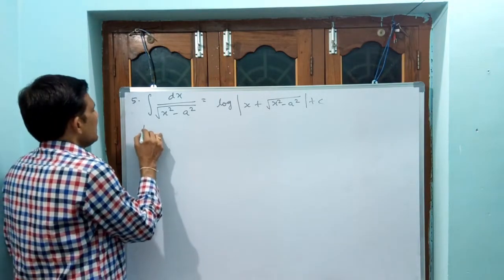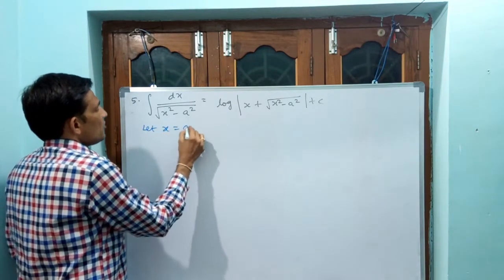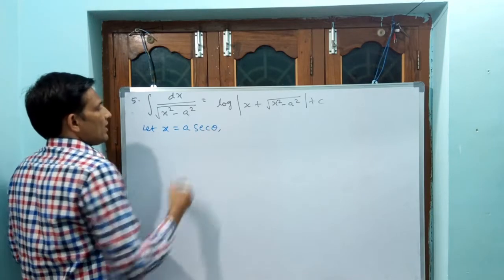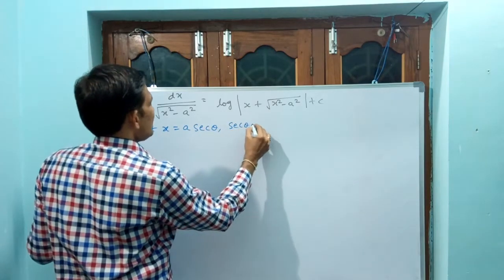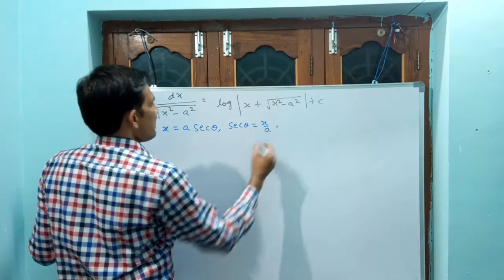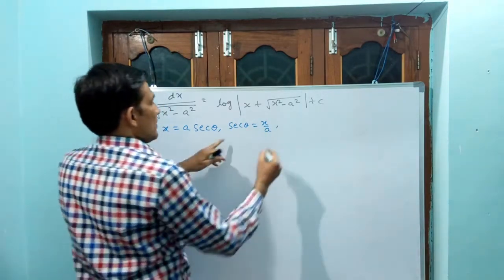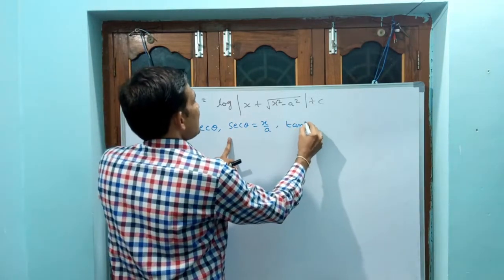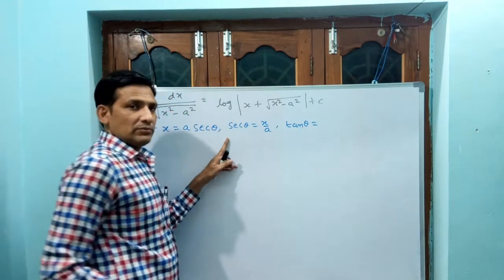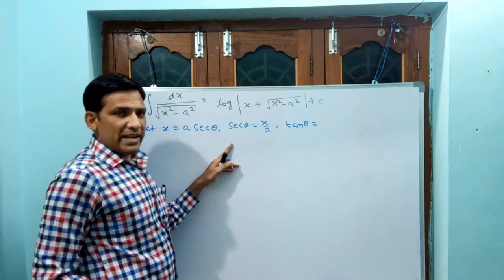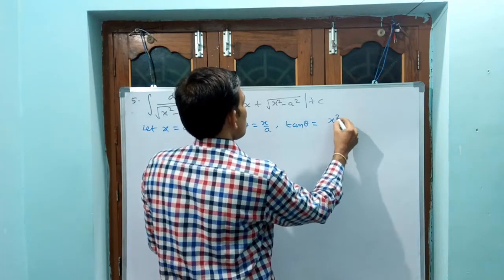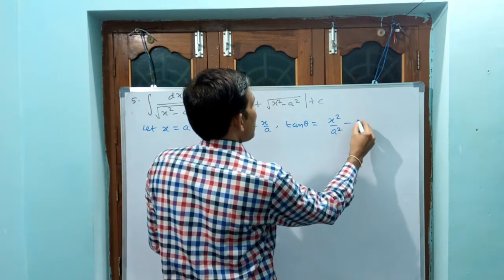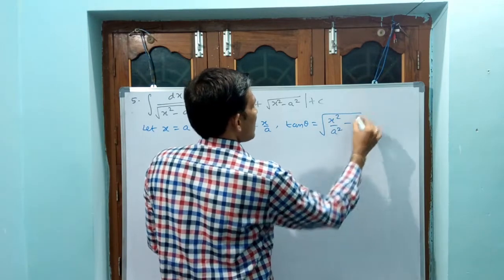Let x is equal to a secant theta. Then secant theta is equal to x by a. Then tan theta is equal to the square root of secant square theta minus 1, that is square root of x square by a square minus 1.